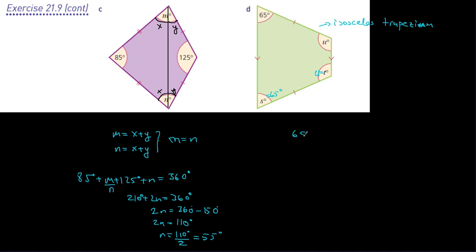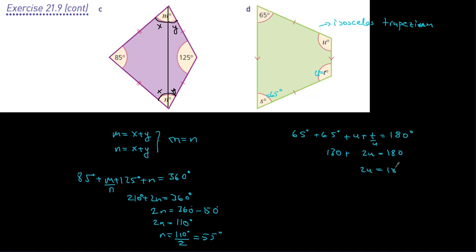Okay, then 65 plus u plus t is equal to 180 degree. 130 plus u, this is also u, so 2u is equal to 180 degree.